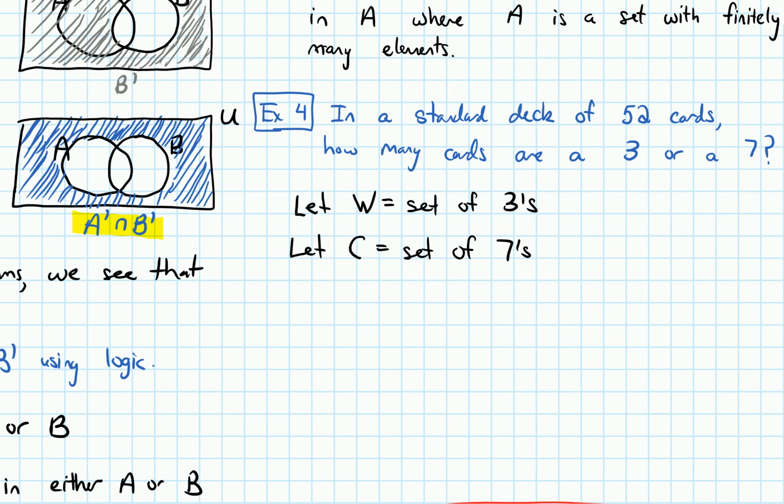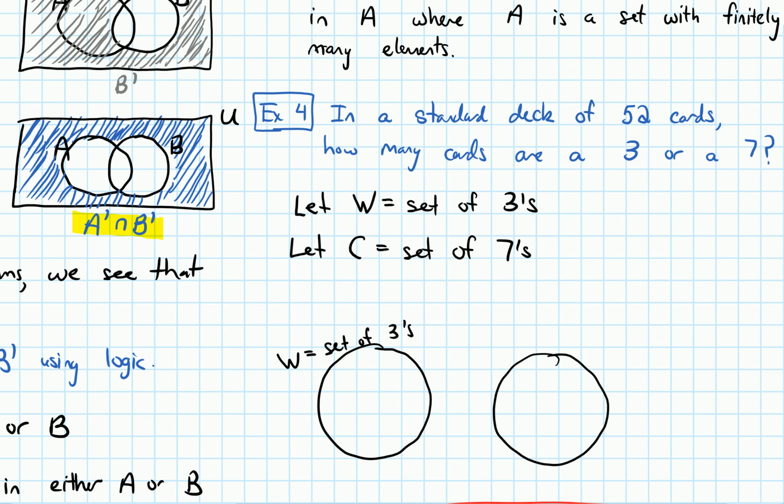So one thing to notice about these, so if we draw these 2 sets with circles in a Venn diagram, so if I let W be this circle, this is the set of 3s, and then if I draw a circle for the set of 7s, those 2 circles have no overlap. So this is C. This is the set of 7s.